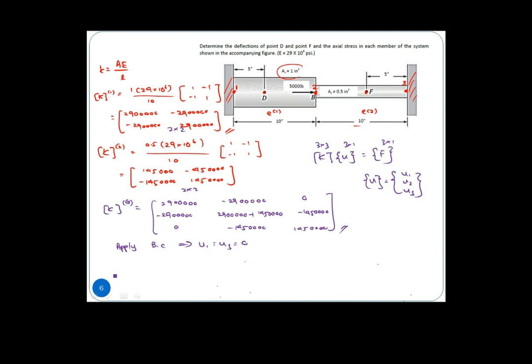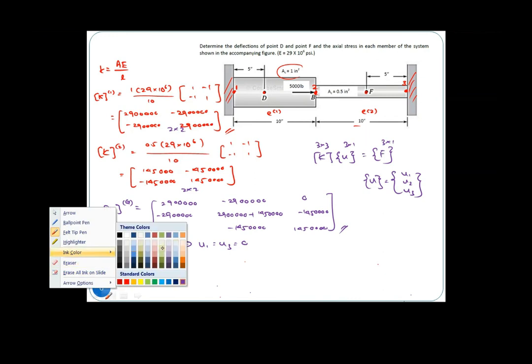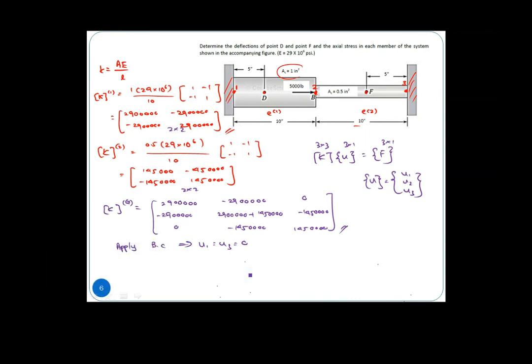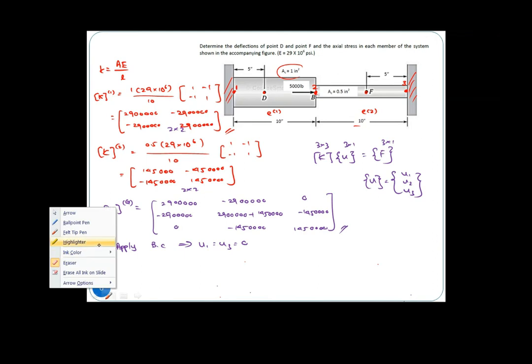Where should I write? So we end up with these parts. We have our K. I don't need to write all of it here.